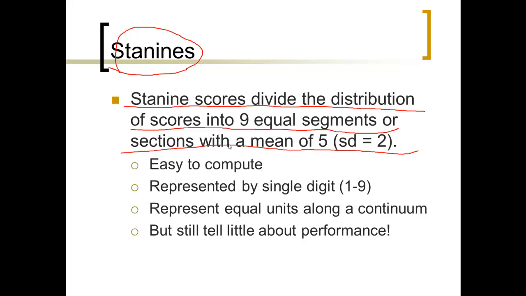We look at the distribution of them. Remember how I kind of went through and said how many 20s we had, how many 19s, 18s, 17s, so forth and so on. That's the distribution of them. How many people made what? But you take that distribution and we divide them into 9 equal segments or sections with a mean of 5.